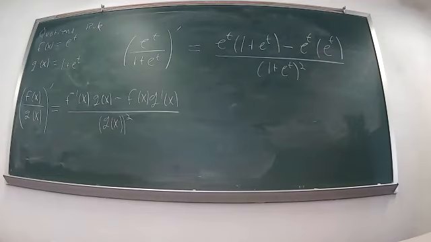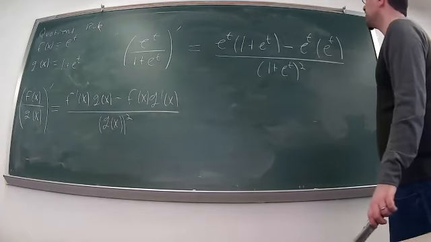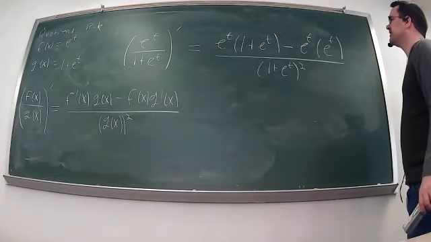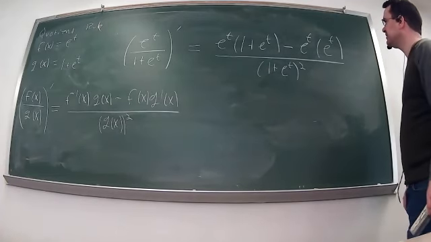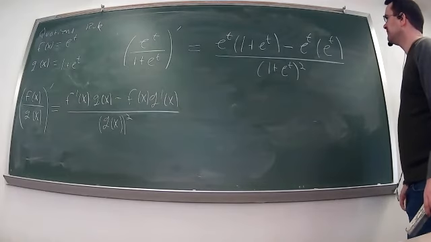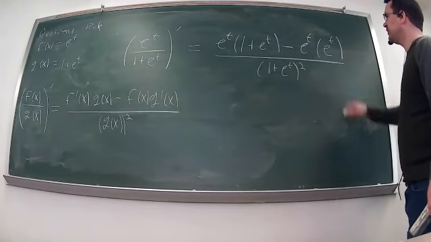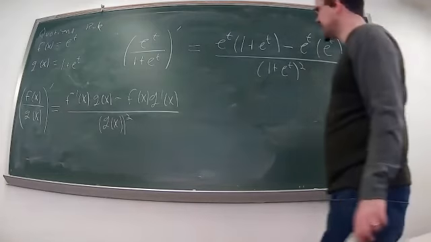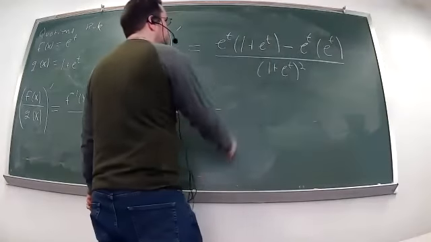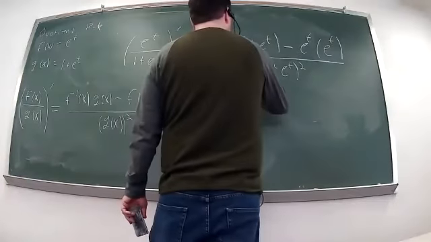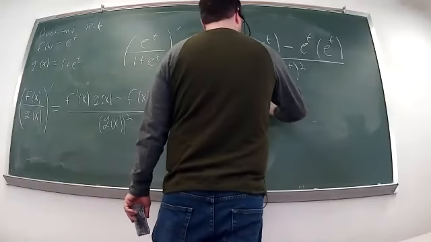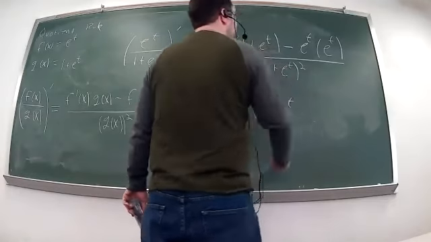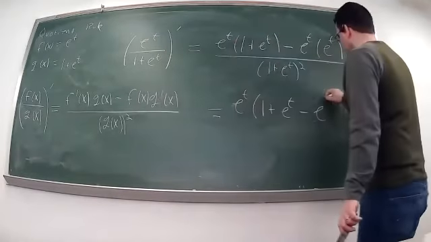Can we simplify it? I don't know. It doesn't really look like there's going to be a factor of 1 plus e to the t on the numerator, unless I'm just missing something. So I'll just factor out e to the t here, and I'll do 1 plus e to the t. Yeah, that's nice.